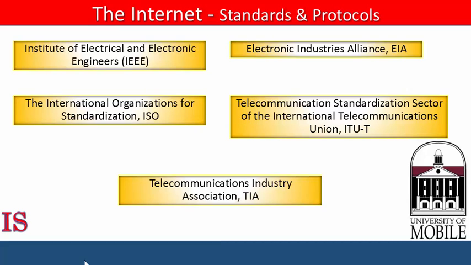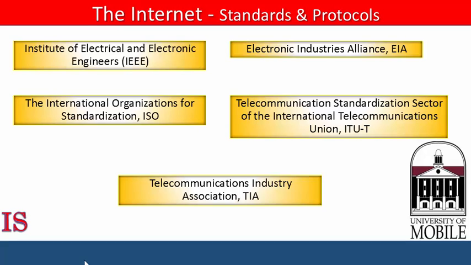Here are a few: the Institute of Electrical and Electronic Engineers, IEEE, the International Organization for Standardization, ISO, and many more. These organizations may be independent agents that work for the establishment of standards, or they may be associations of manufacturers who have gotten together for just that purpose. So this is the third way that we have discussed for establishing standards. That is, certain organizations exist for the purpose of establishing standards.